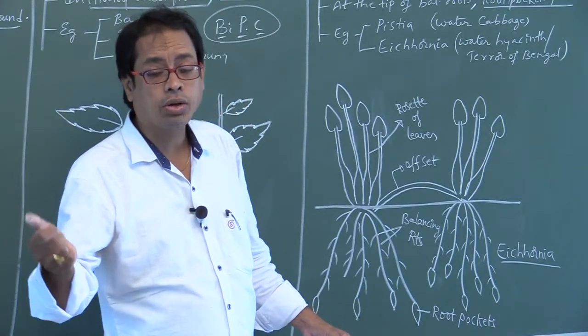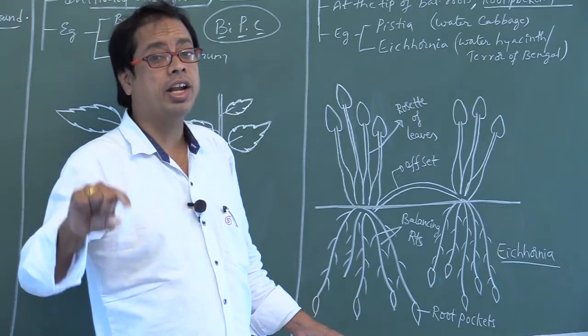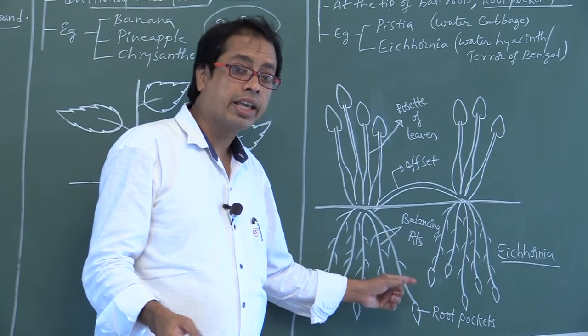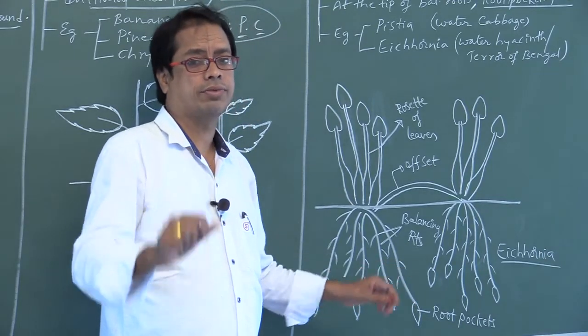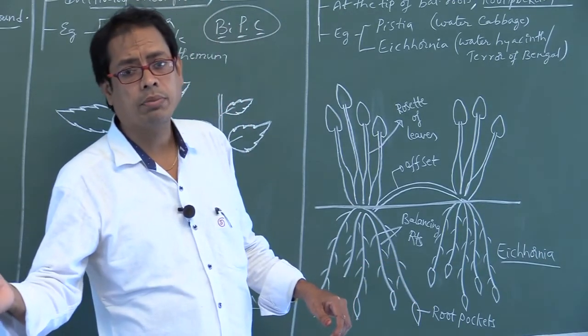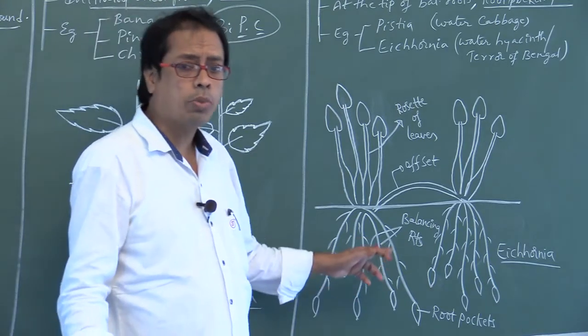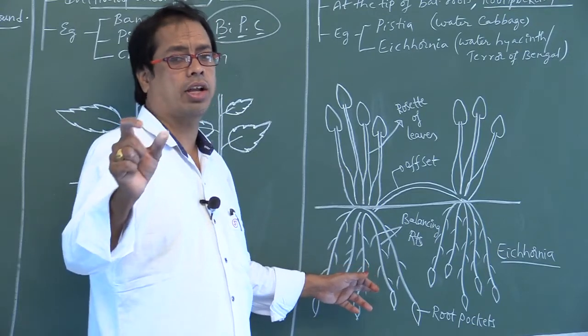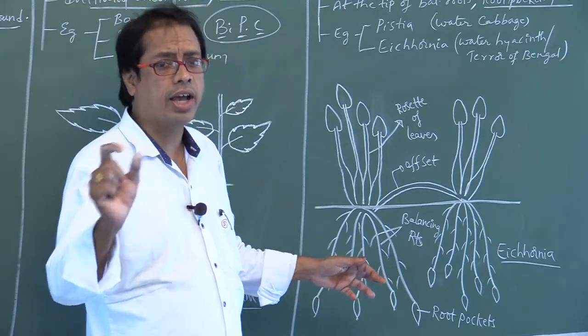Root cap can be regenerated if lost. Root pockets cannot be regenerated if lost. Root caps are found in the majority of plants. Root pockets are found in aquatic plants like Pistia and Eichhornia.